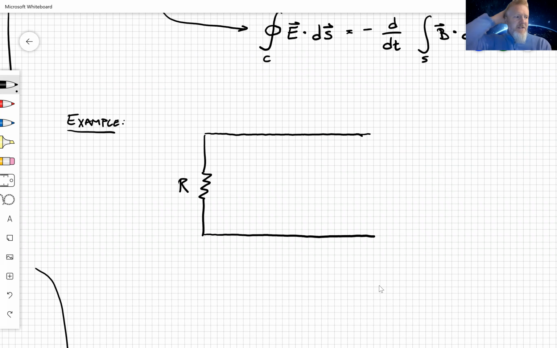This is essentially the same type of problem here. So if I take a bar and I stick the bar here, and I do the same thing. I'm going to pull the bar to the right. Oh, I need a magnetic field.